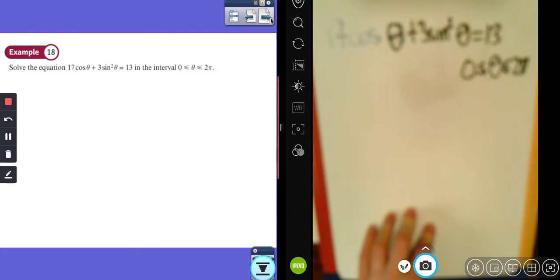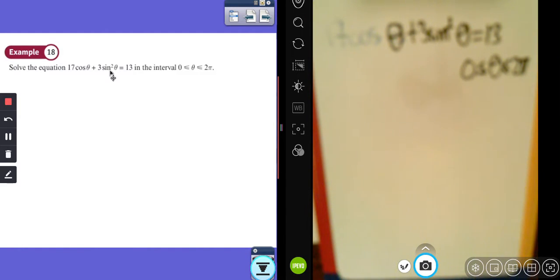Right. Let's just point at this sine squared here, and you can also see that we've got the cos here. So I'm looking at the actual question. What I'm going to try and do is get a quadratic.